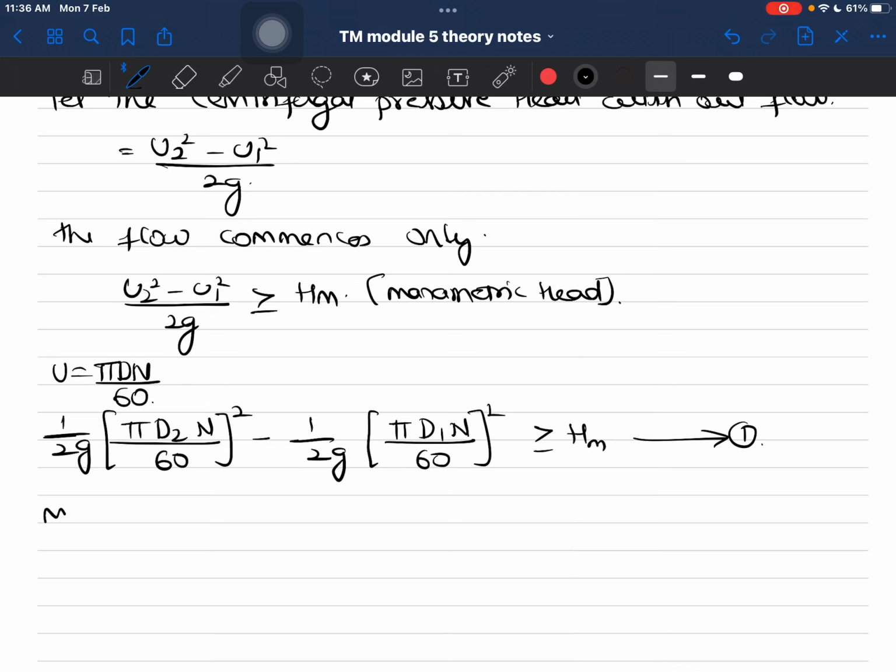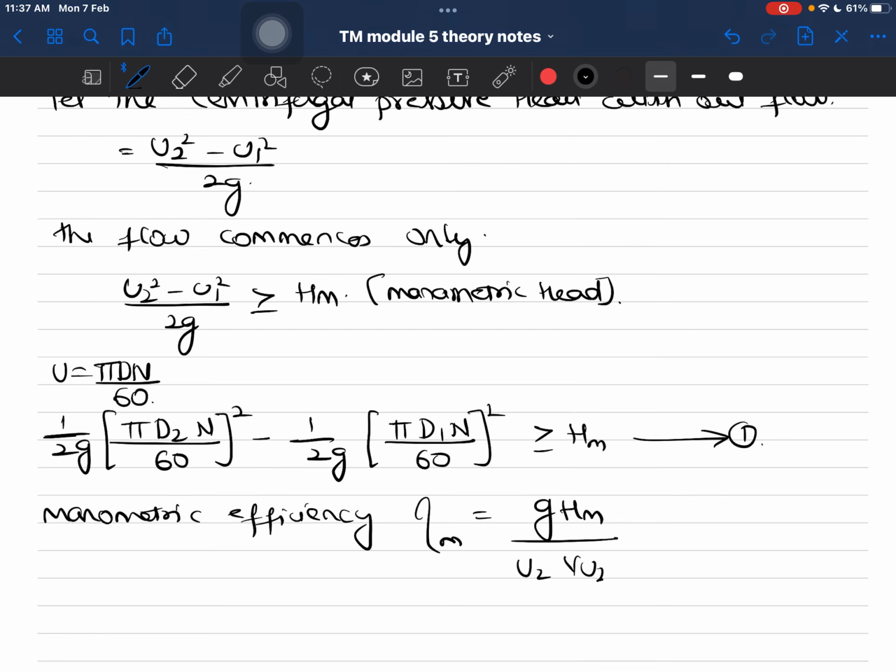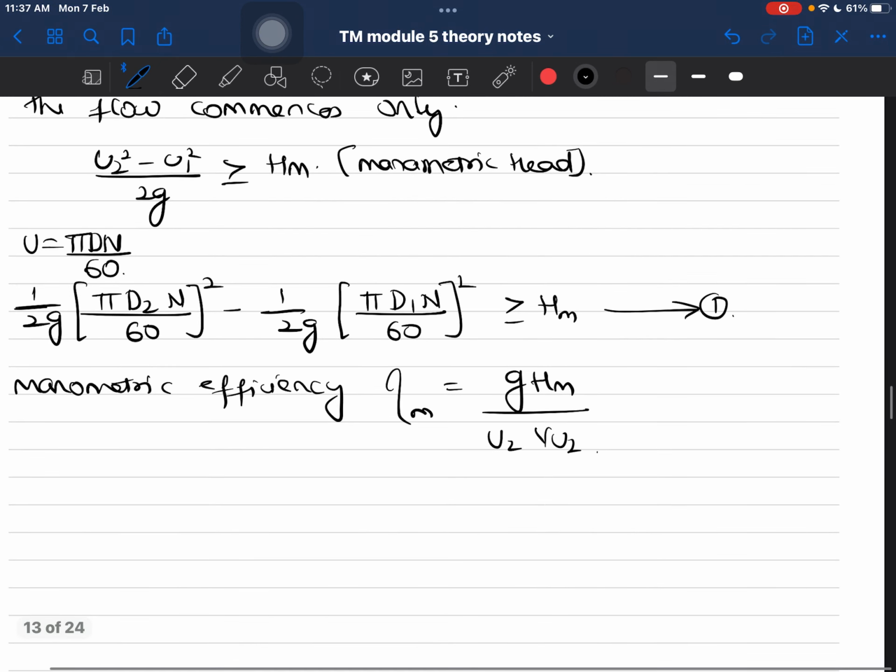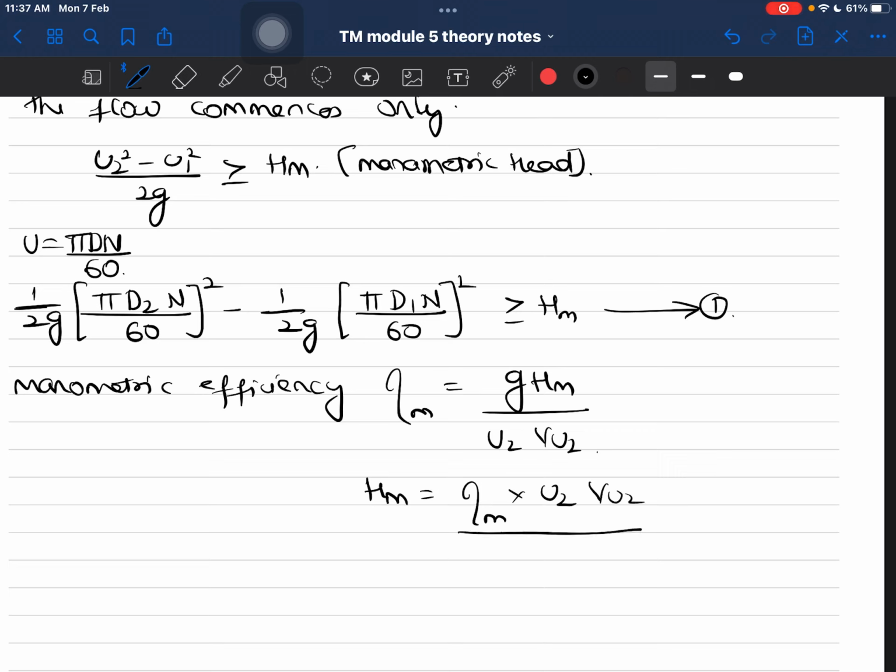Now next, you have learned that the manometric efficiency eta m is given by g into Hm divided by U2 into VU2. From this, extracting Hm, Hm is equal to eta m into U2 VU2, divided by g.